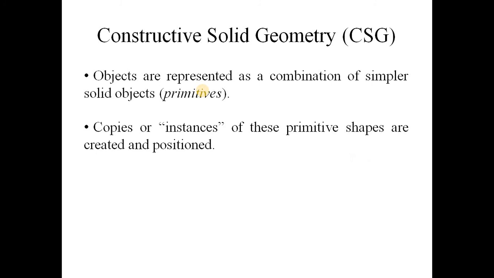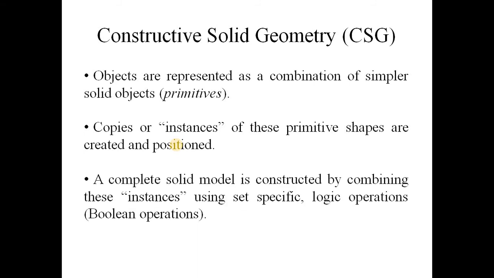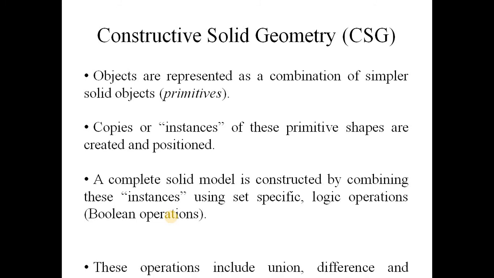These primitives are created and positioned, and using these primitives the solid model is made. These primitives are combined together. A complete solid model is constructed by combining these instances or primitives using a specific set of logic operations called Boolean operations. So using the Boolean operations, these primitives are combined together to make a solid model.